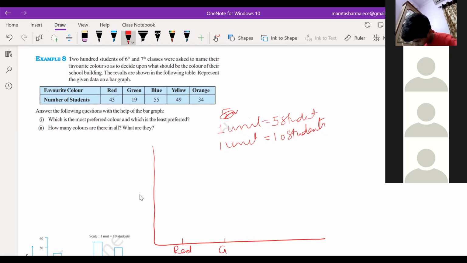Red, green, blue. Ma'am, since we are not comparing anything in this question, a double bar graph will be useless, right? Yes, here there is no need. You are not supposed to plot a double bar graph. Here only one piece of information has been given, only the number of students.